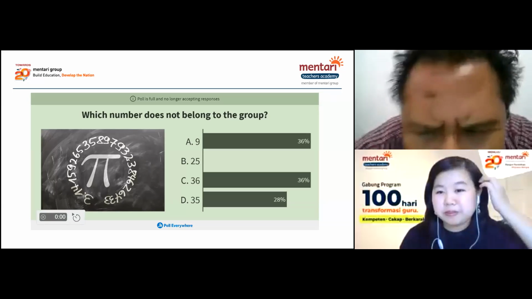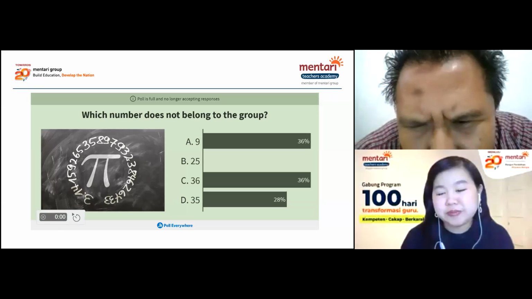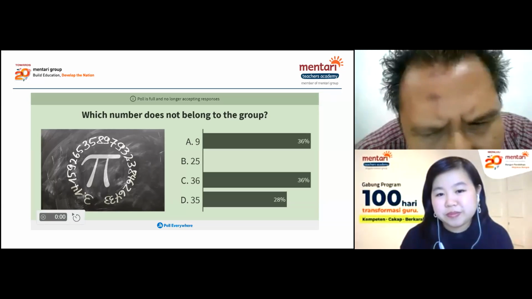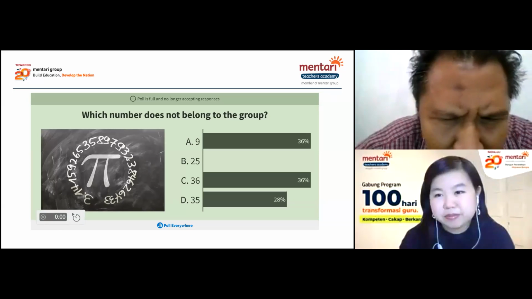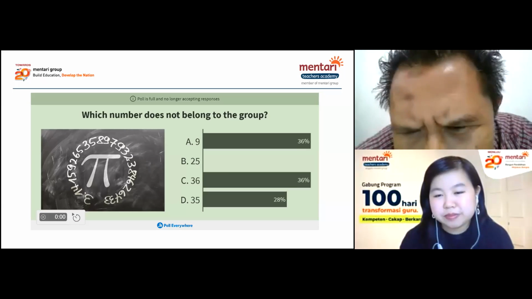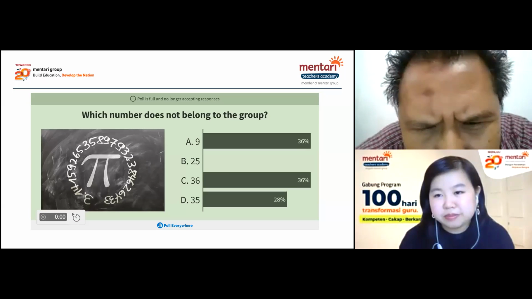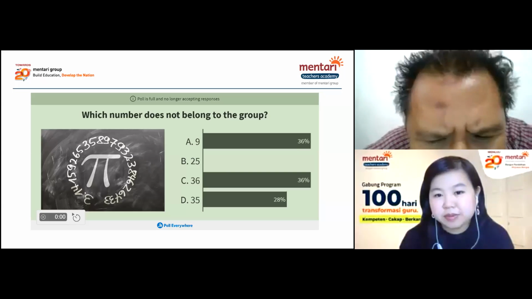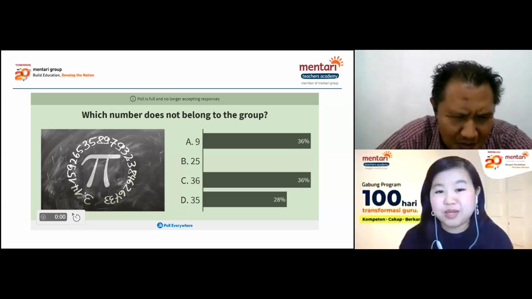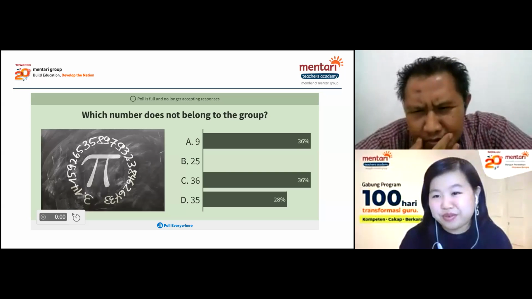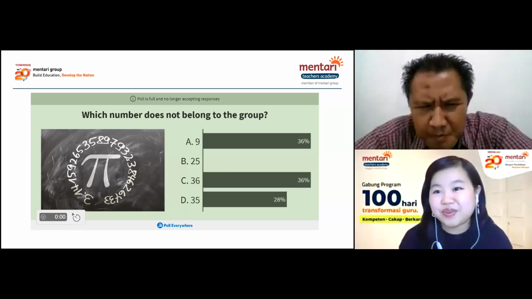Okay, my answer is 9 because 9 is a unique number, so it does not belong in the group. Yes, simple. Okay, that is the one that does not belong to the group. It has something unique that makes it different from the other 3 numbers, isn't it?